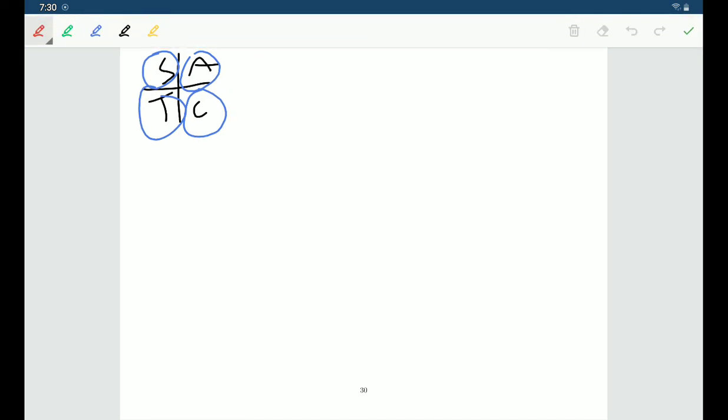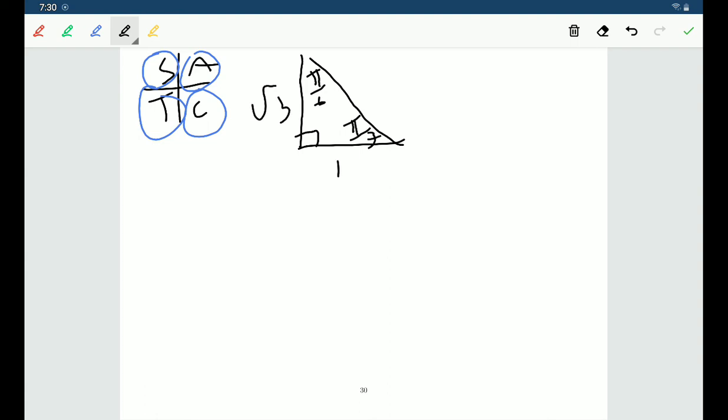The other thing that we'll remember is that a half shows up in our 30, 60, 90 triangle. If you're looking for where we have a cosine value of a half, that would be for pi over 3. Cosine of pi over 3 is adjacent over hypotenuse, 1 over 2, or a half.